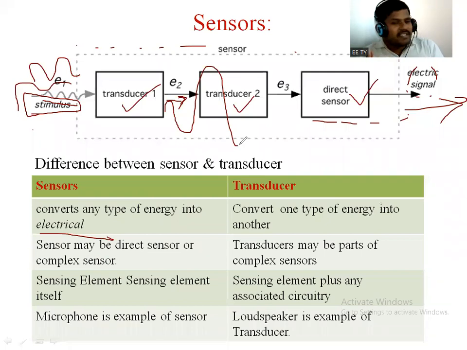Getting it? So a transducer is the part of a complex sensor. A sensor may be a direct sensor or a complex sensor, and the transducer may be a part of a complex sensor.